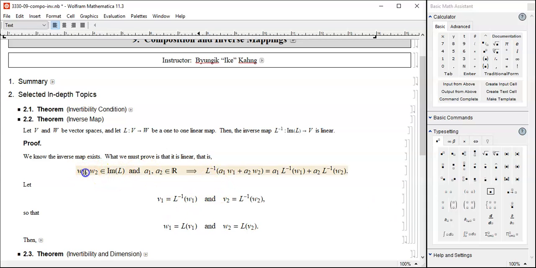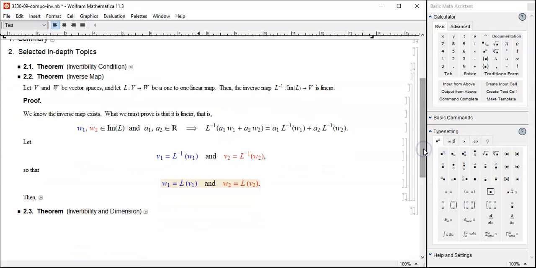Let's have W1, W2, and take the inverse map. W1, which I color code as blue, and W2, which I color code in red, and take the inverse. Let's call them V1 and V2 respectively, blue and red. Consequently, W1 is L of V1 and W2 is L of V2. Clear. In order to see things better, I'm doing a color coding. All right, can we start here?